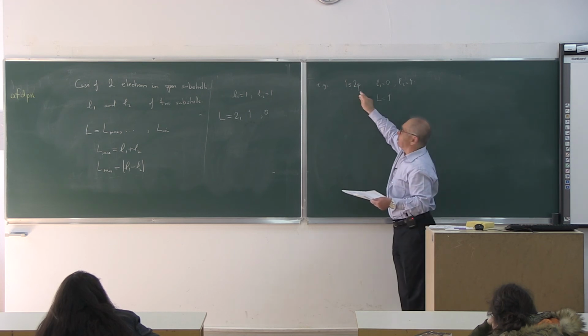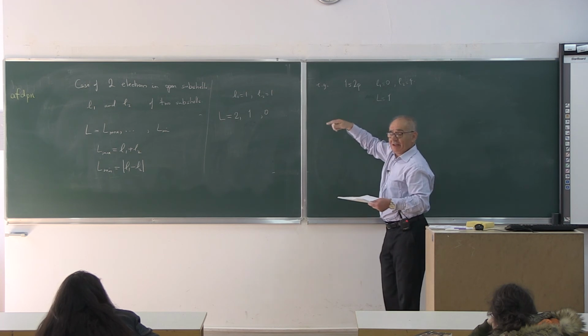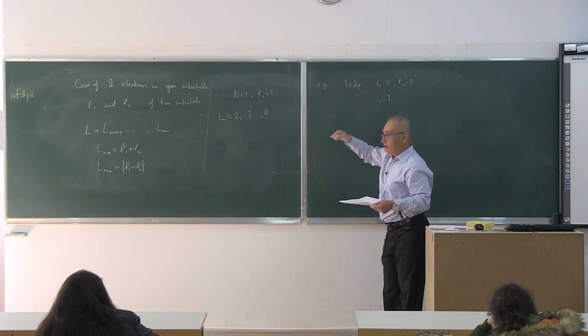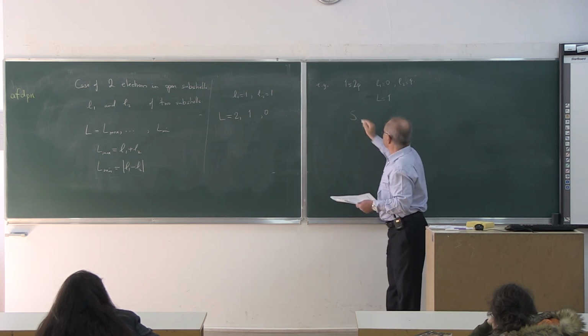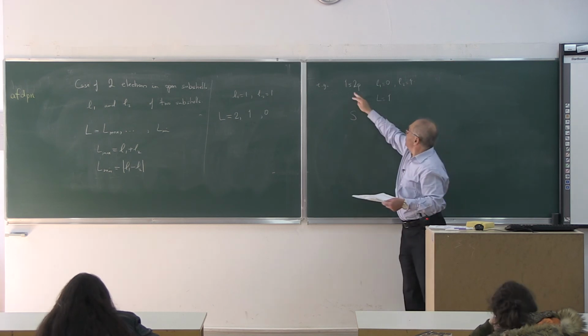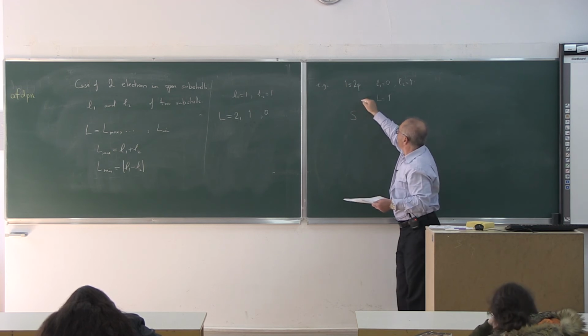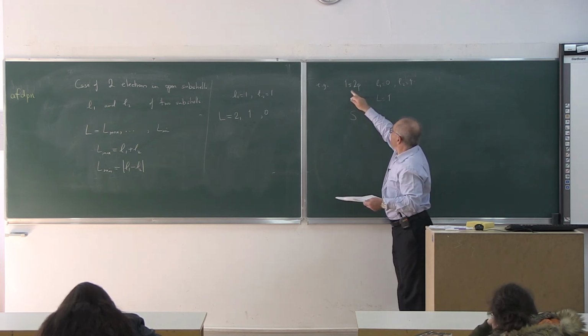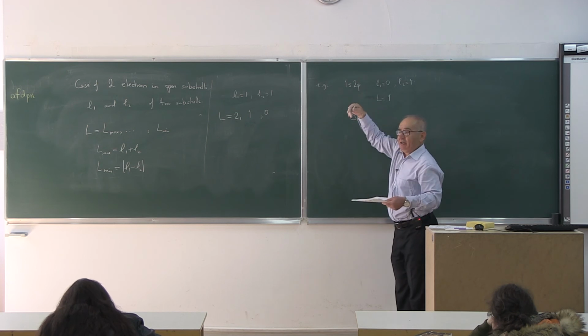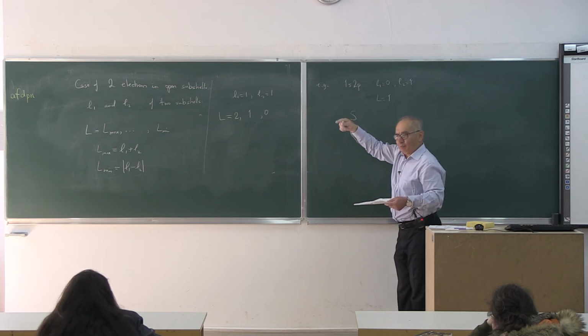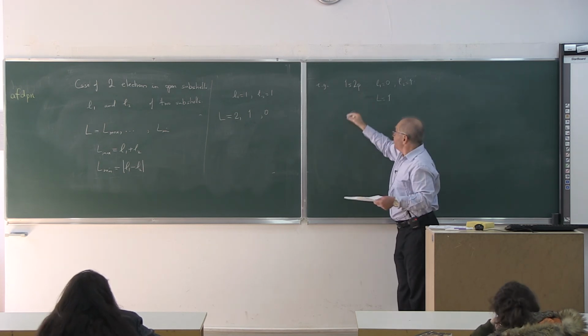Because the orbitals are different, now we turn to the total spin quantum number, S value. Because the orbitals are different, one is 1s, the other is one of the 2p, 2p1, 2p0, or 2p minus 1 orbital.